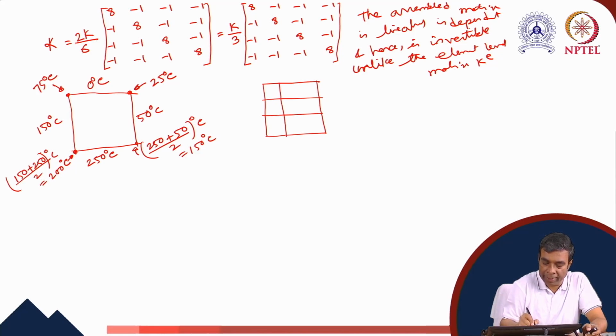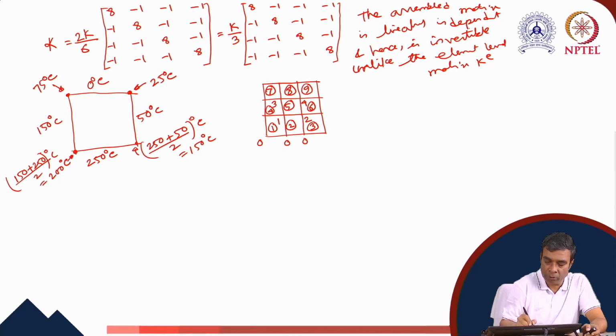This is required again and again for implementing the boundary conditions and for performing the assembly. The equation numbers are 1, 2, 3 and 4. So element 1, element 2, element 3, element 4, element 5, element 6, element 7, element 8 and element 9.